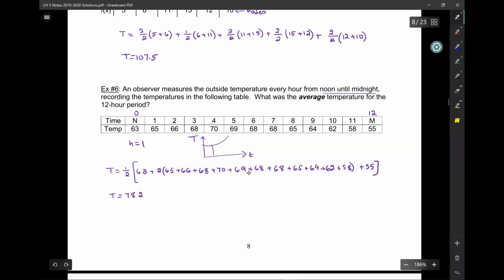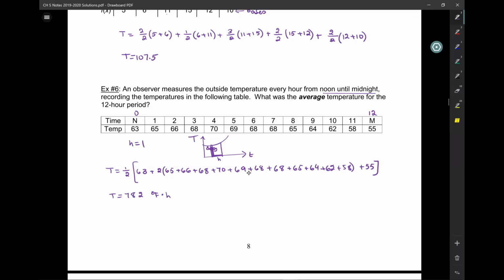When I found my area, I multiplied the height by the base. So if this had a unit of hours, this has a unit of degrees Fahrenheit. The units here are degrees Fahrenheit times hours.